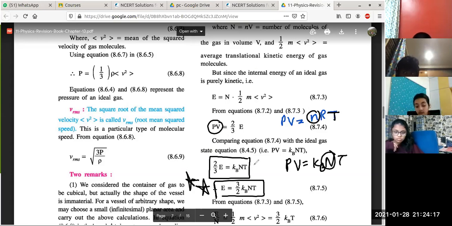The energy is three by two Boltzmann constant, number of molecules, into temperature.